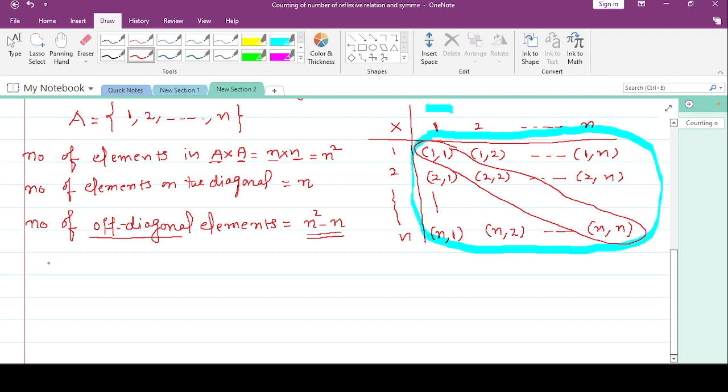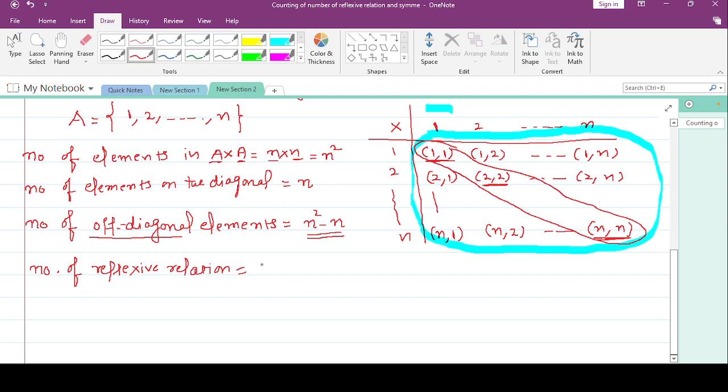Now we want to count the number of reflexive relations. As our relation is reflexive, these elements (1,1), (2,2), and (n,n) should be present inside the relation.